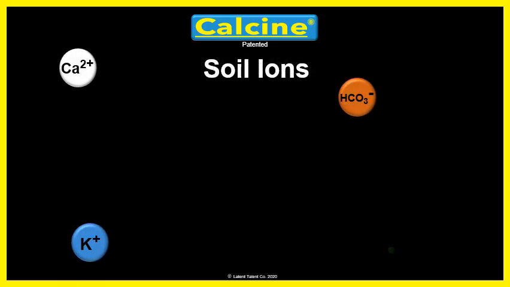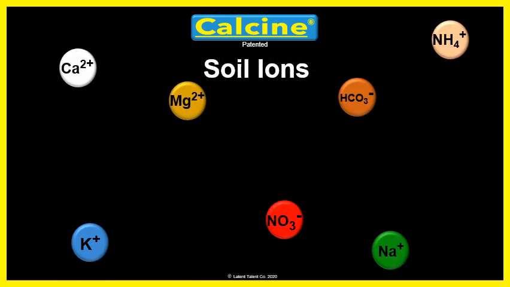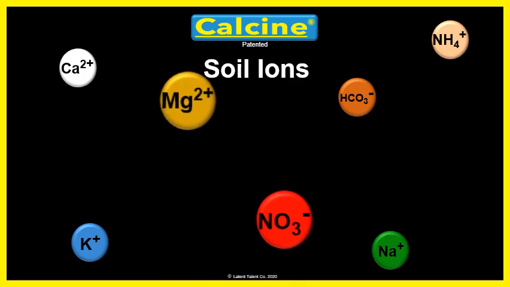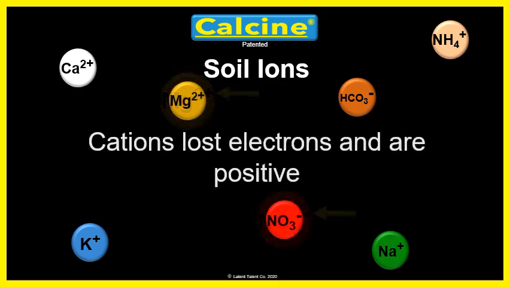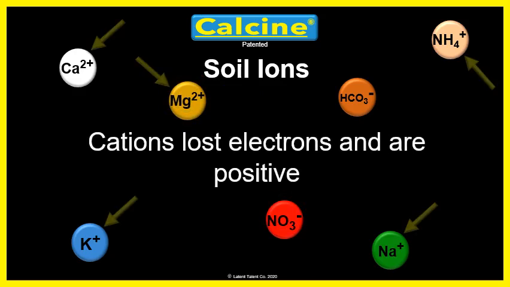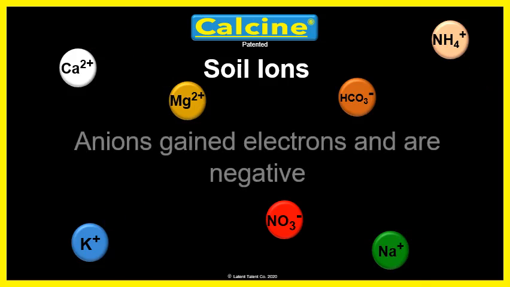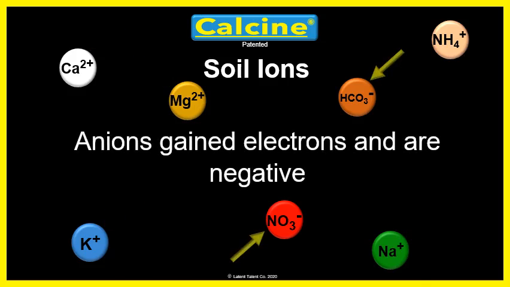Nutrients and other elements exist in the soil in the form of ions. An ion is an atom or molecule that has either lost or gained electrons. This gives them either a positive or negative charge, which can be seen in their notation. Cations are positive, and anions are negative.